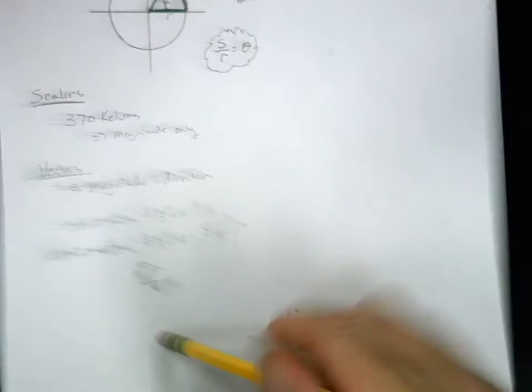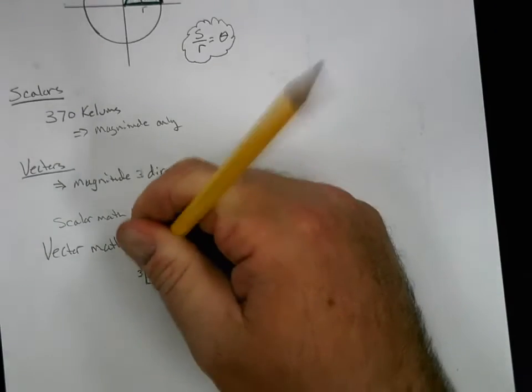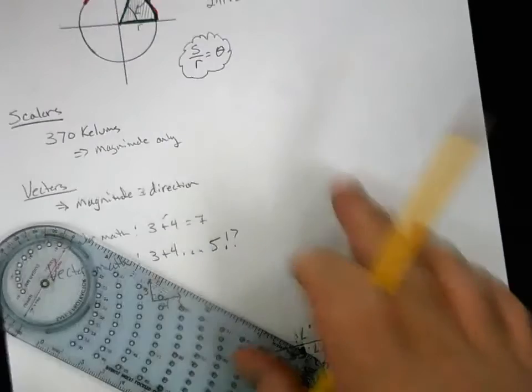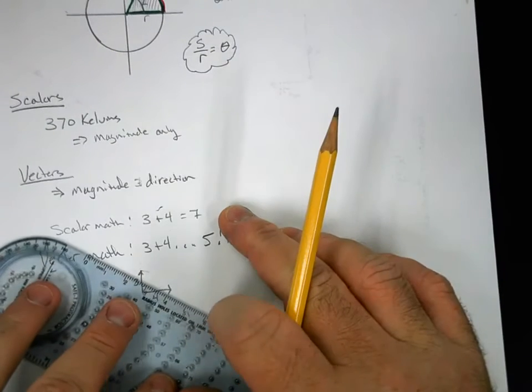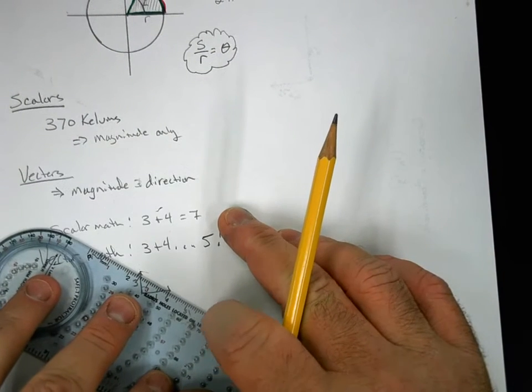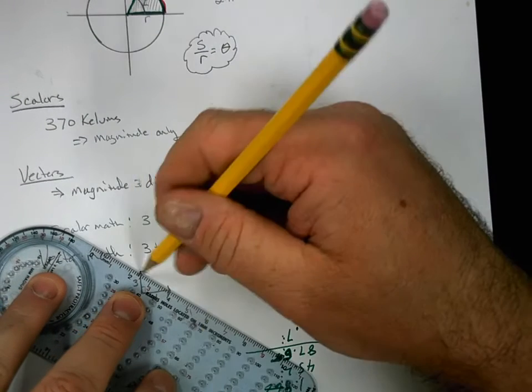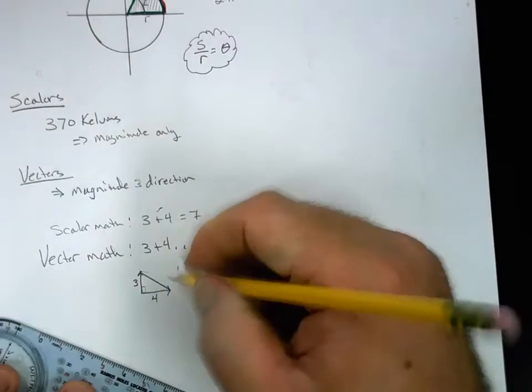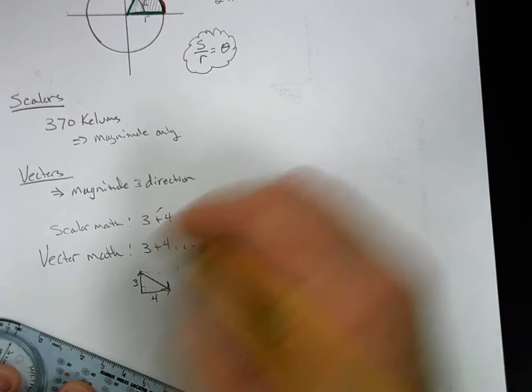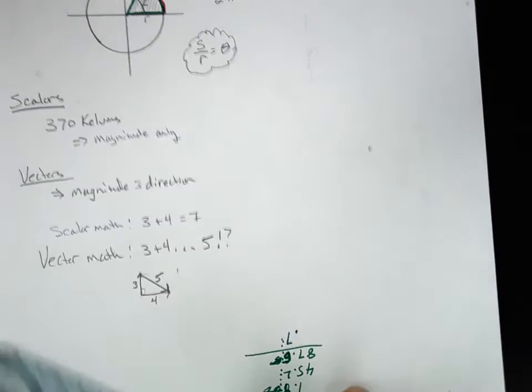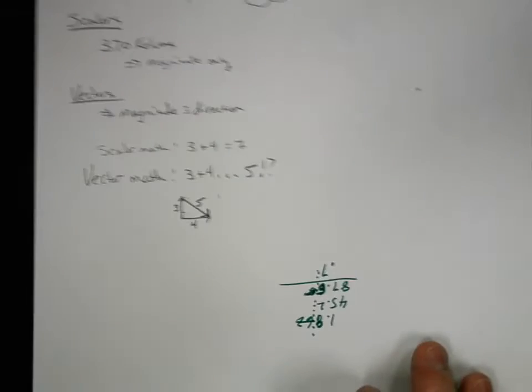Me drawing straight lines is just difficult to do. So this right there would be 5, because you have your 3, 4, 5 right triangle.